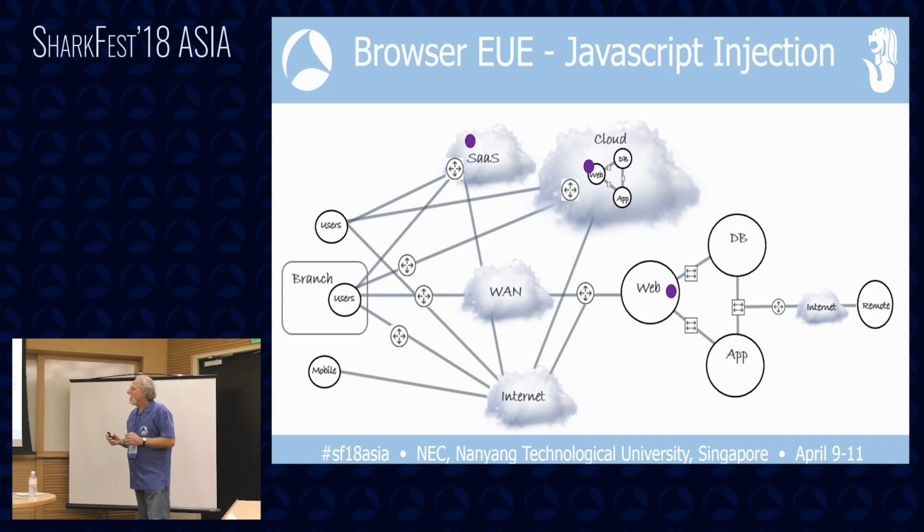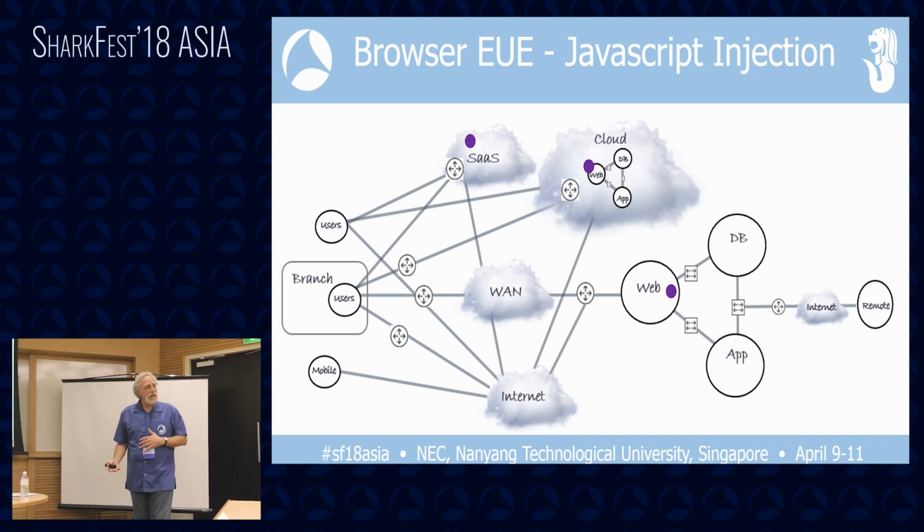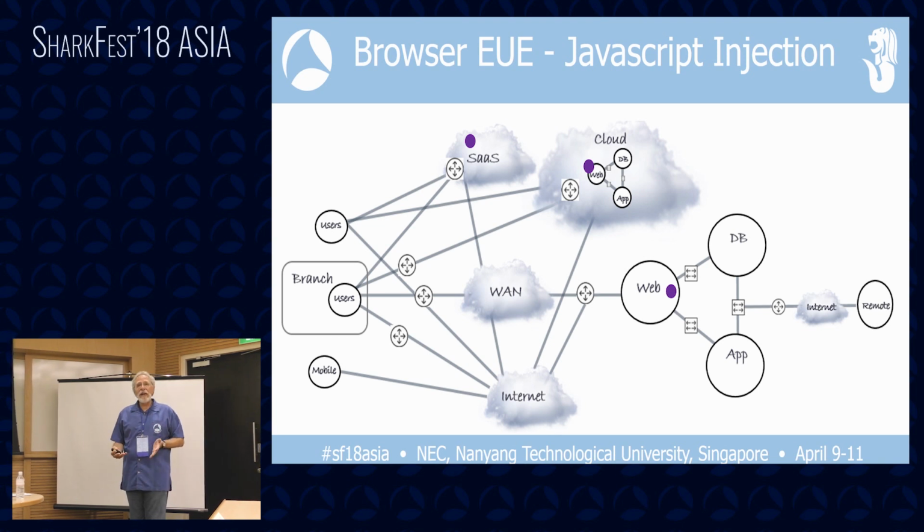And then there's a type of instrumentation called JavaScript injection for browser-based end user experience monitoring. Has anybody heard of that before? JavaScript injection, yeah? So you can deploy that if you have the right agreements with your SaaS providers, like Salesforce, for example.